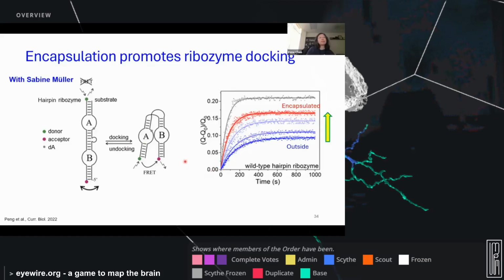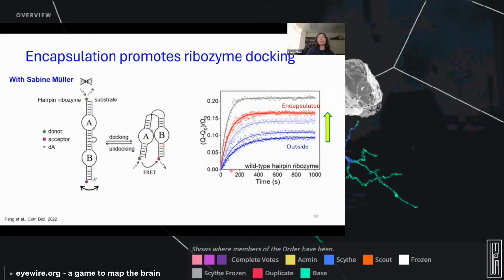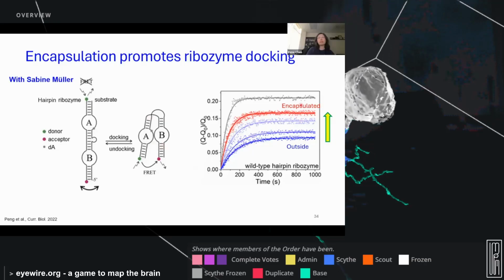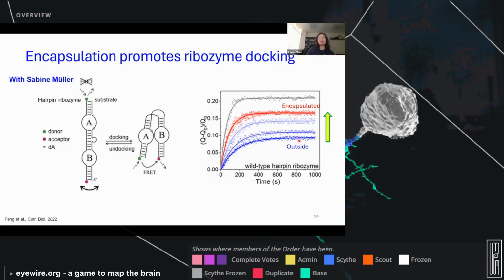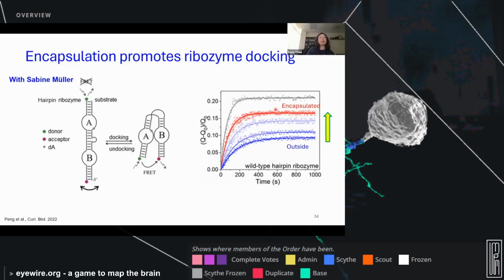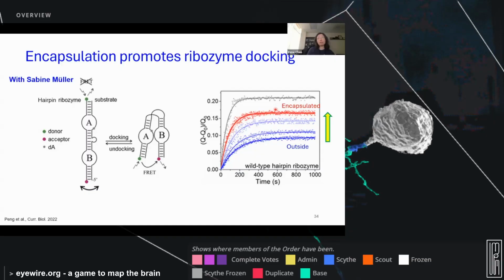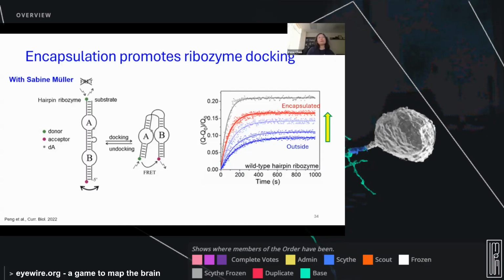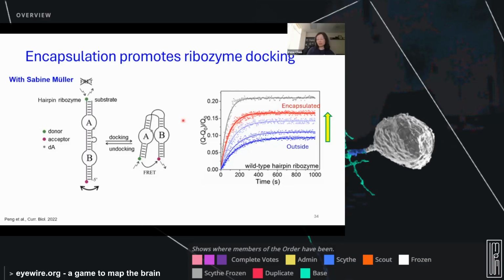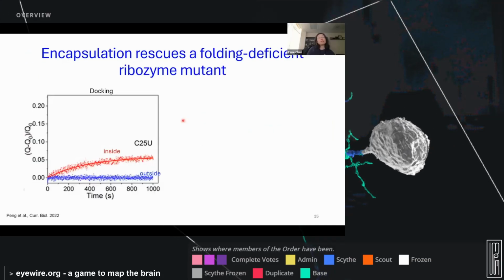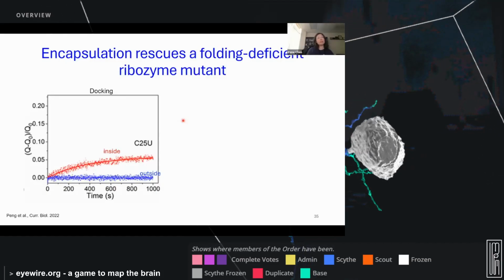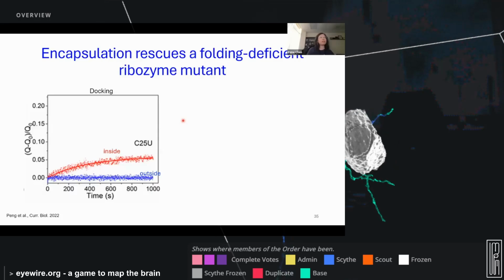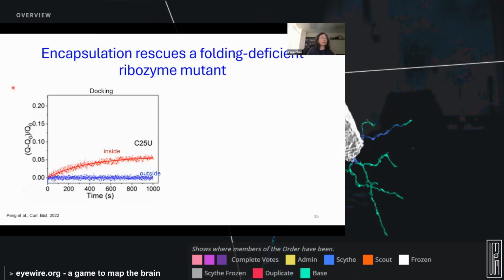What we see is that the docking itself is increased by the fact that the ribozyme is encapsulated. Outside again in blue and encapsulated in red, showing that you have more docking and faster docking when the ribozyme is encapsulated. That also translates into greater activity, since formation of the docked intermediate is important for catalysis.